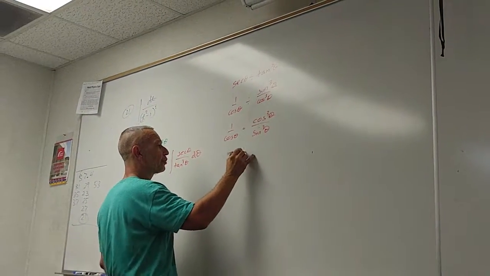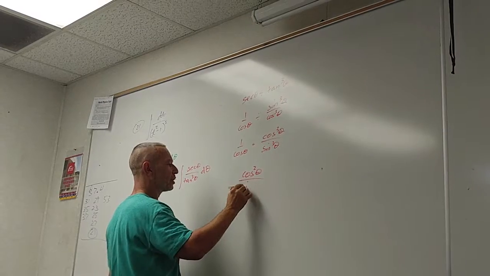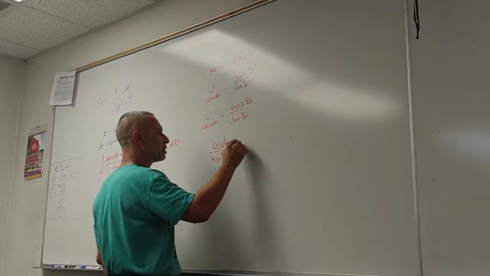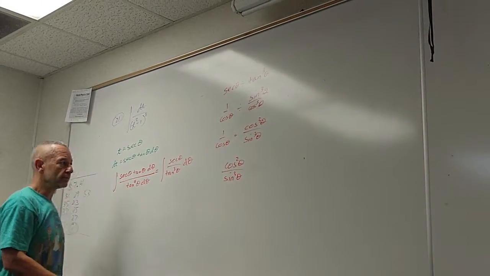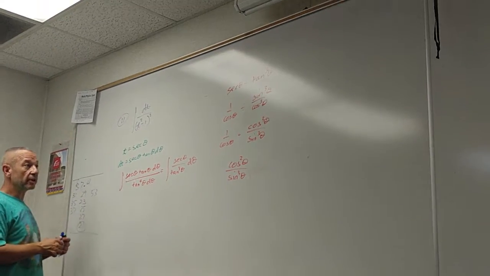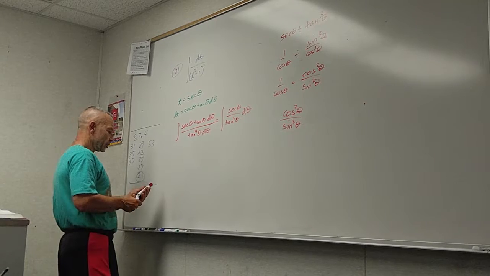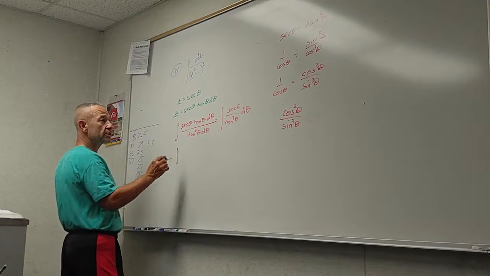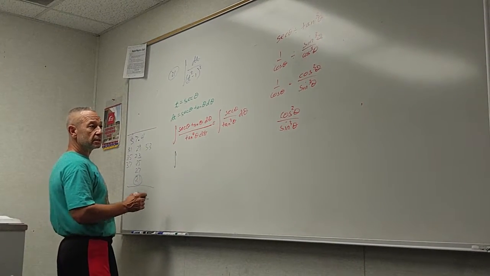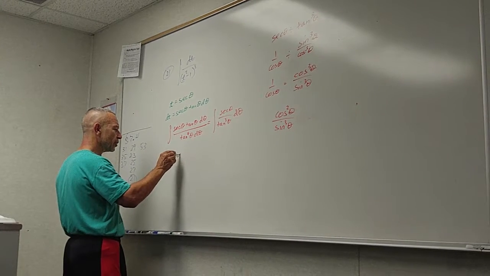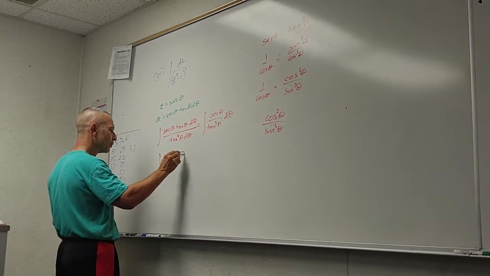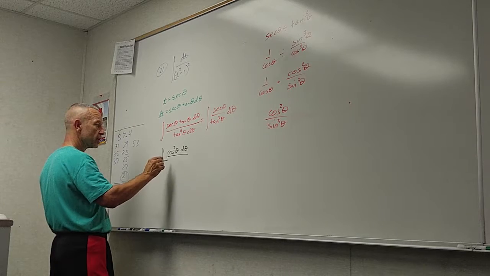And cosine squared theta over sine cubed theta d theta is what's going to result. Wait, did I do that right? Yeah. Okay. So this turned into cosine squared theta d theta over sine cubed theta.